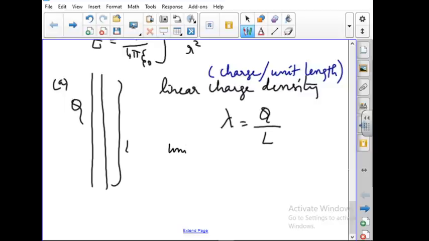The unit of charge is coulomb and the unit of length is meter. So C m inverse is the unit of linear charge density.